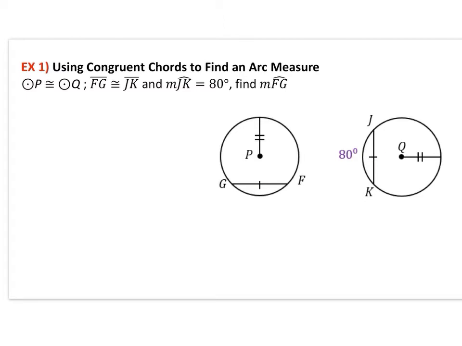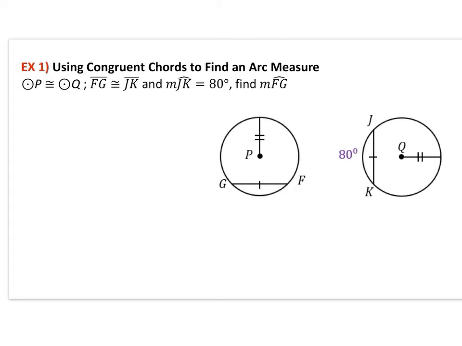And then we have our single marks indicating that they're congruent. And then we have that the measure of arc JK, so that's this piece right here from J to K along the circle, has a measure of 80 degrees. So what then is the measure of arc GF?